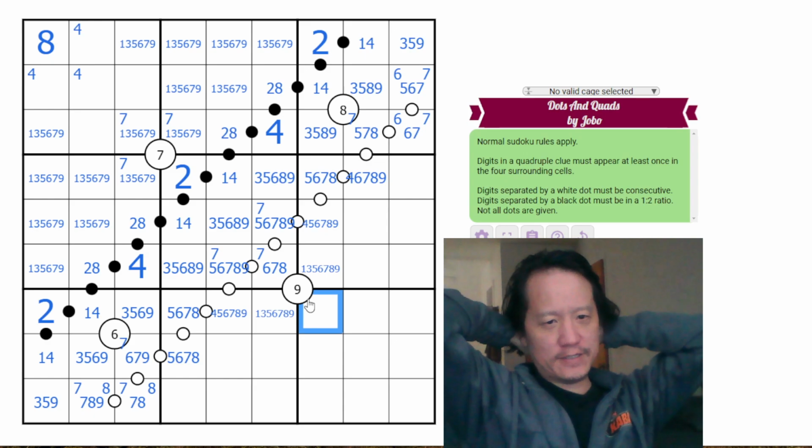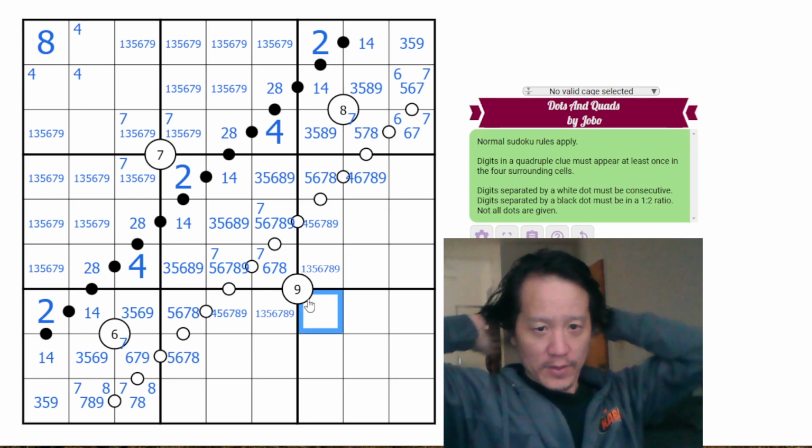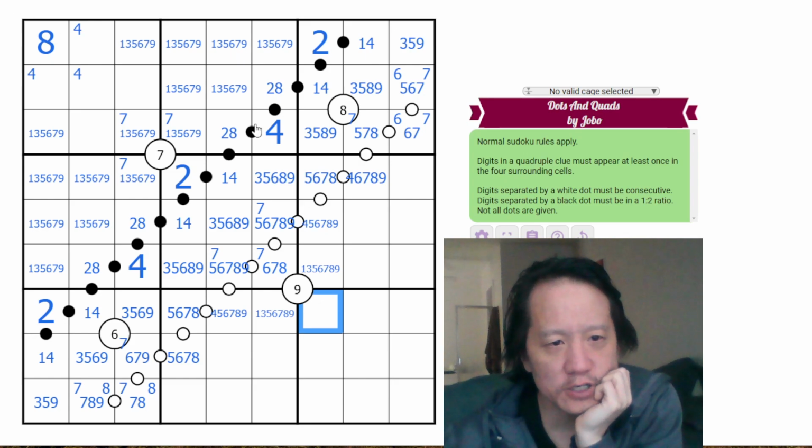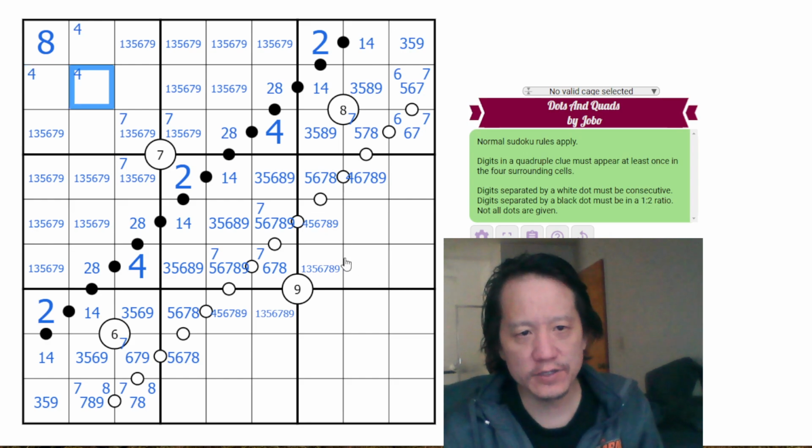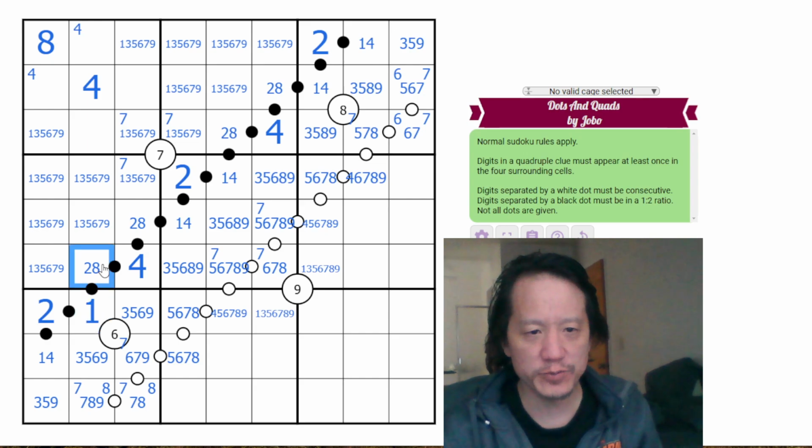Okay, let's see. What path do we go down? Okay. Say this was 4. If this is 4, this becomes 1, 2. This becomes 1, 2. This is then 8, which forces that to be 4.